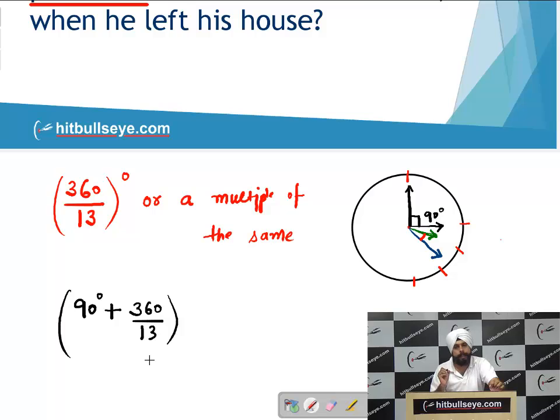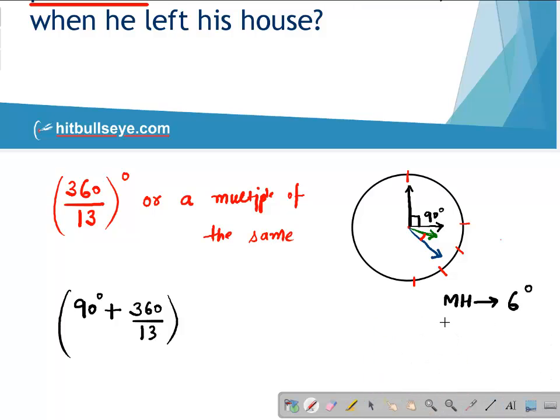Now students, I know you have to remember here that the speed of the minute hand is 6 degrees per minute and the speed of the hour hand is half a degree per minute. So students, the relative speed of the minute hand comes out to be 5.5 or 11 by 2 degrees per minute.